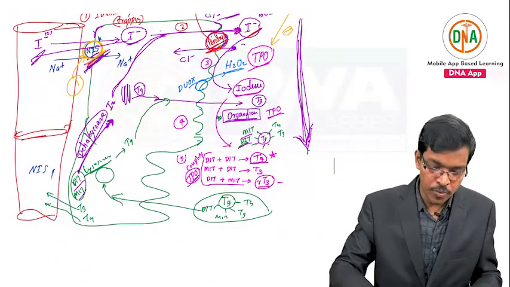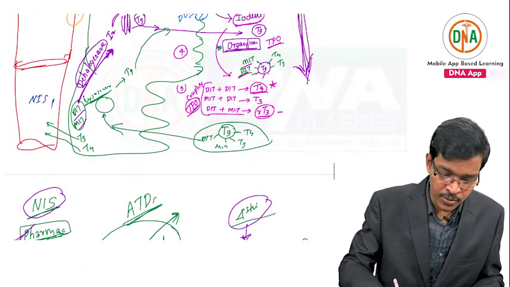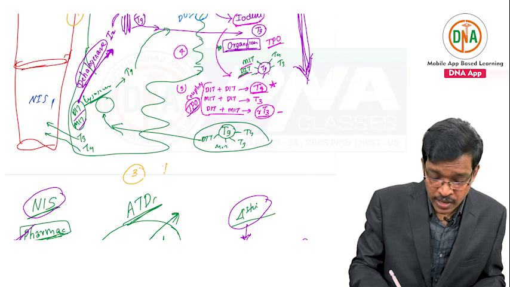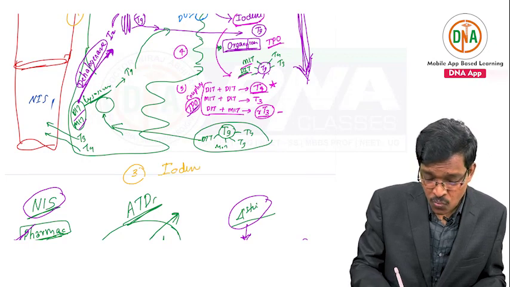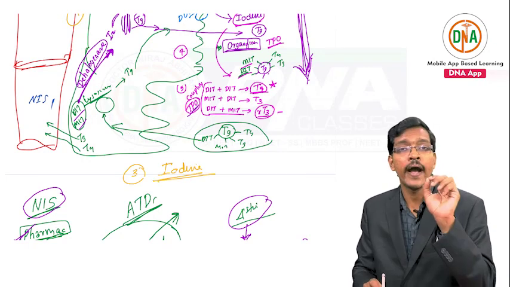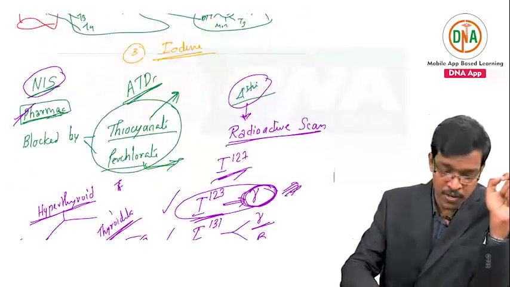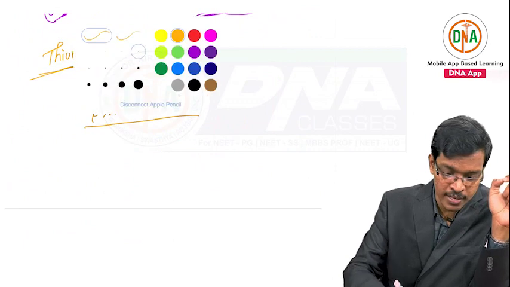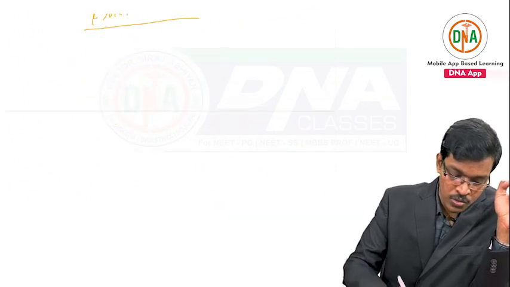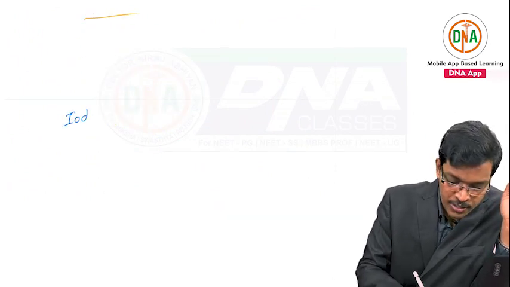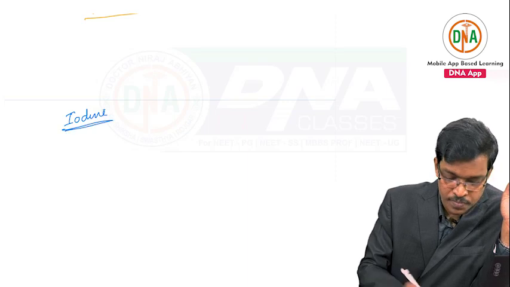The third group of drugs, or third drug which is mainly used, is the iodine itself. That means, what is the relation of iodine with thyroid hormone synthesis? Always remember, that is very important to understand the importance of iodine with regard to thyroid hormone synthesis.